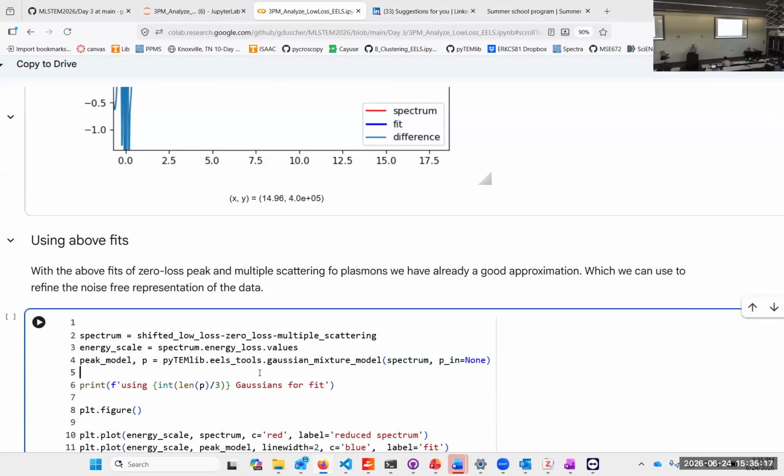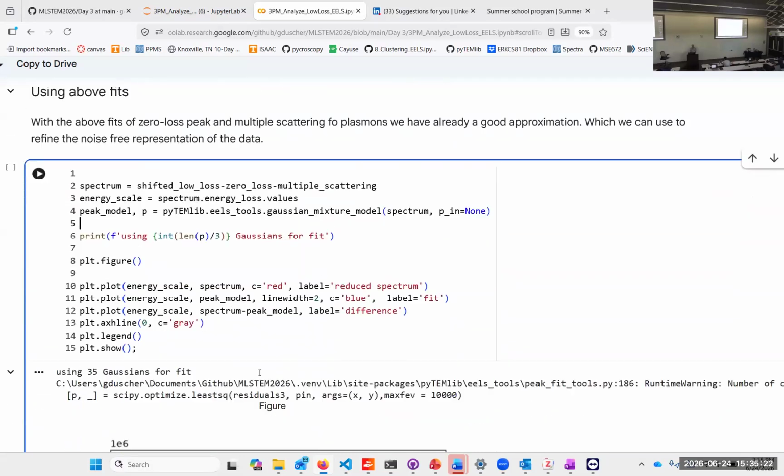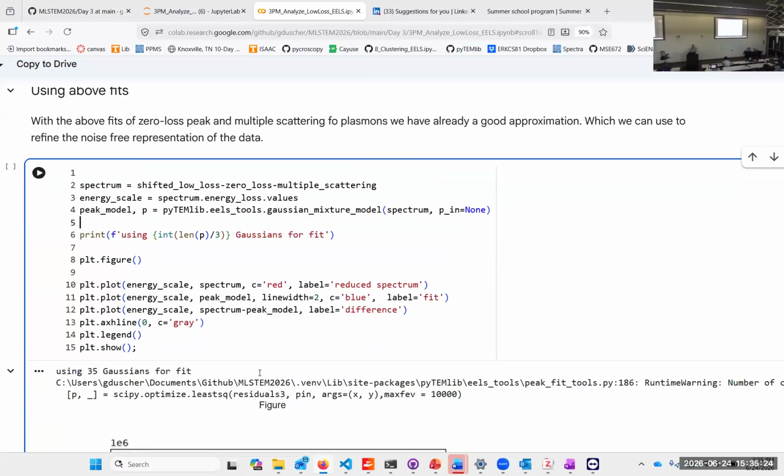the stuff that I don't know and don't really care too much about, possibly, and that is the zero loss peak and the plasmon peak.